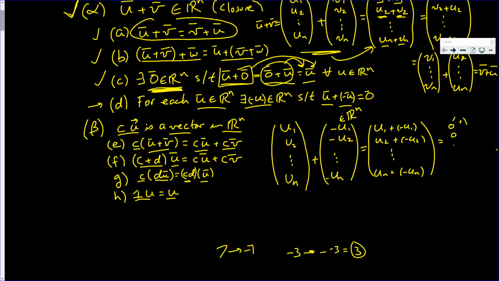But those are all zeros. So here, given a vector u, I found this inverse. I found another vector to add to it to get to the zero vector. So I established D.